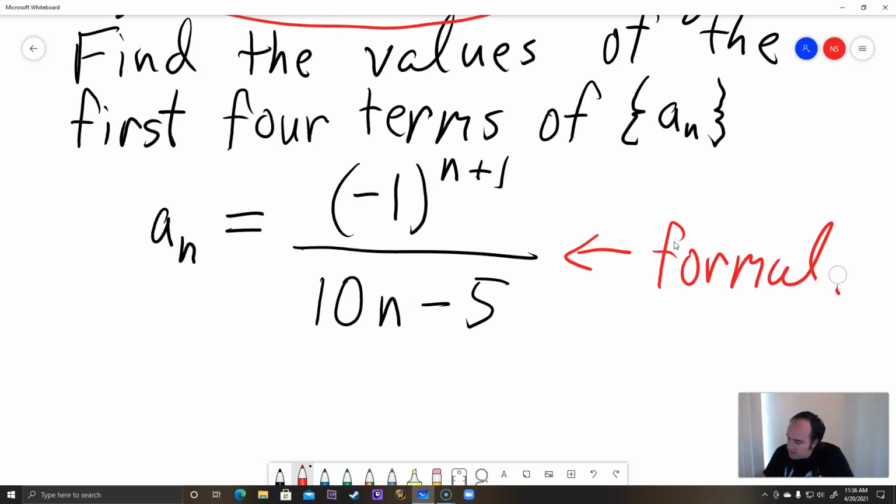And what it represents is you can plug in different values for n, and it will tell you what that term is. And since we want to find the first 4 terms, that means we need to find a1, a2, a3, and a4. Those are the first 4 terms. So sequences generally start at 1. So n equals 1, n equals 2, n equals 3, and n equals 4.